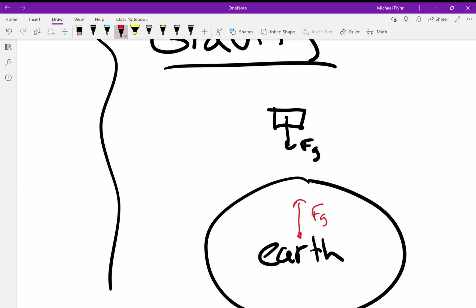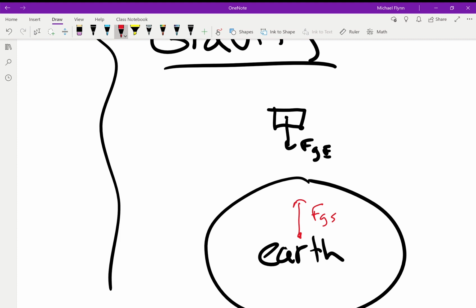Here, let me do it like this. This is the Earth pulling on the satellite, and this one down here is the satellite pulling on the Earth. But they're both forces of gravity. It's a force of attraction between objects that have mass. That's what gravity is.